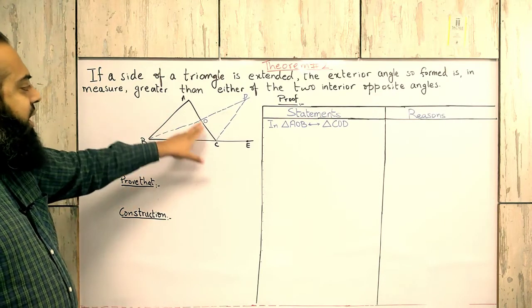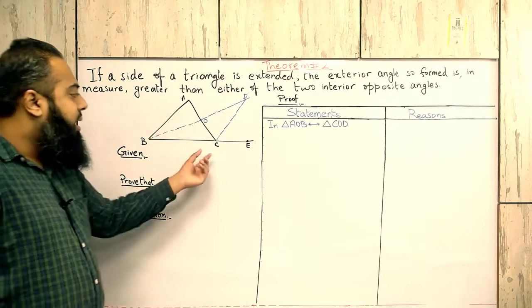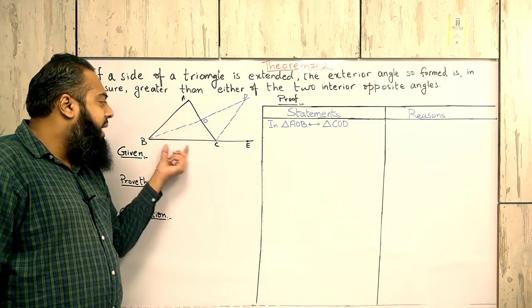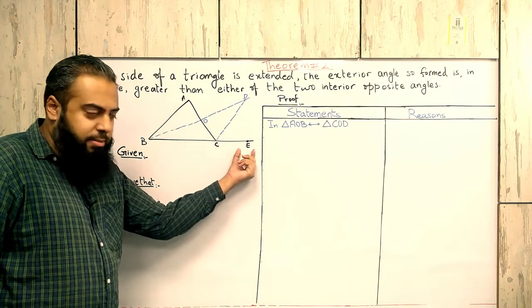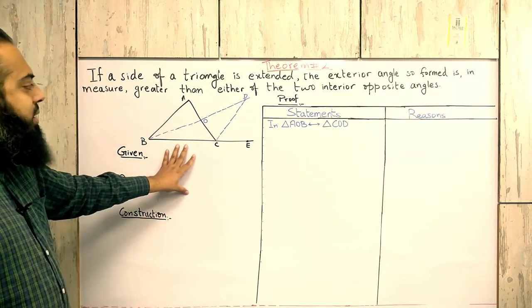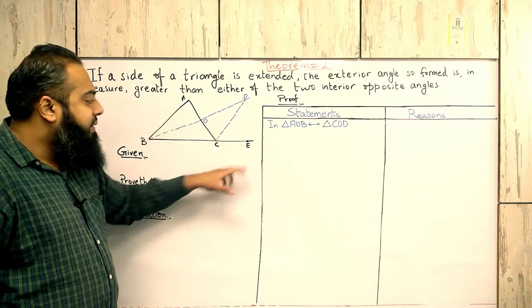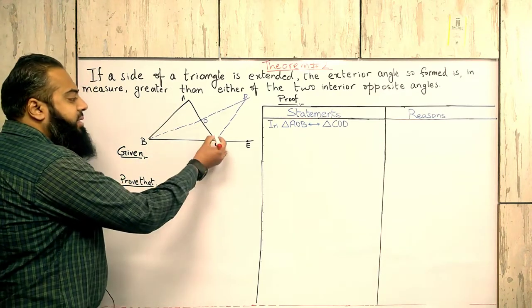We have a triangle ABC and we have extended its side BC to the point E. Because if we extend it, we will get an exterior angle.